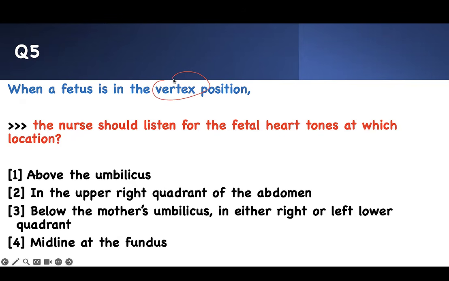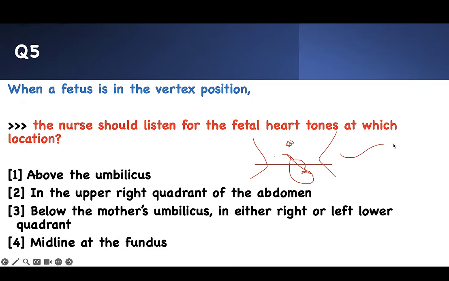Baby is in vertex. That means this is the mother. Baby and umbilicus is here. Baby's head is here, like that. The baby's head has to be down. Baby may be lying down. It can be any position. So long as it's like that, baby's head is way down here, like that. Therefore, it's 99% below the umbilicus.